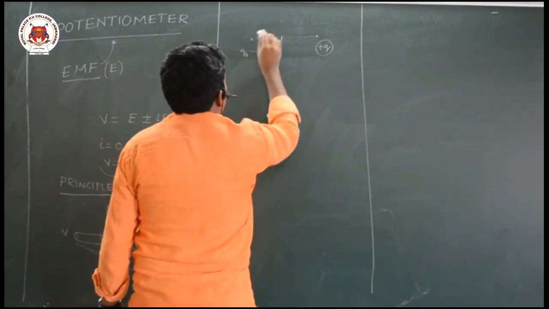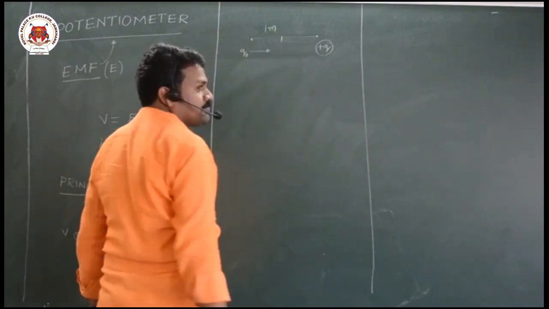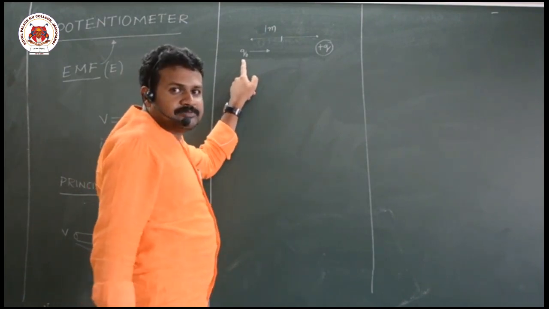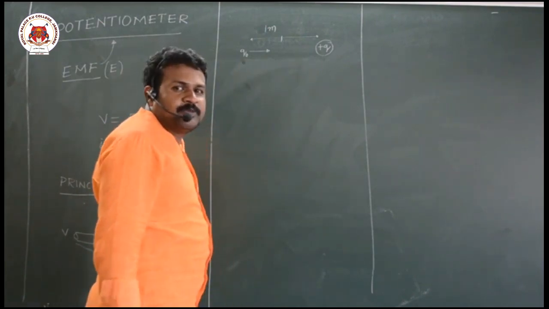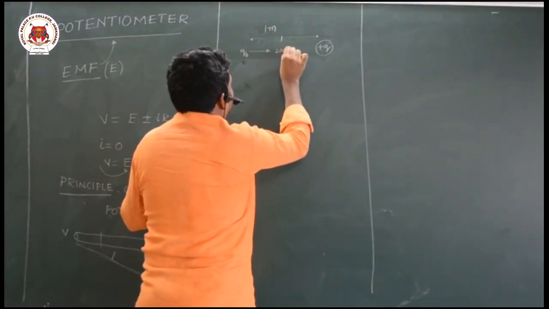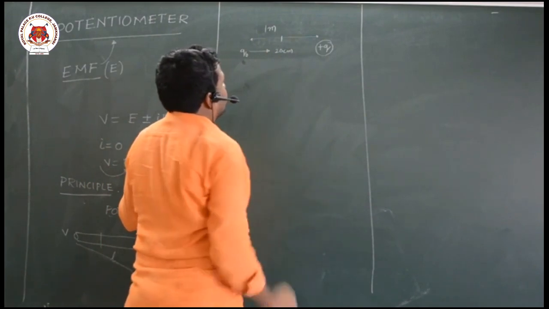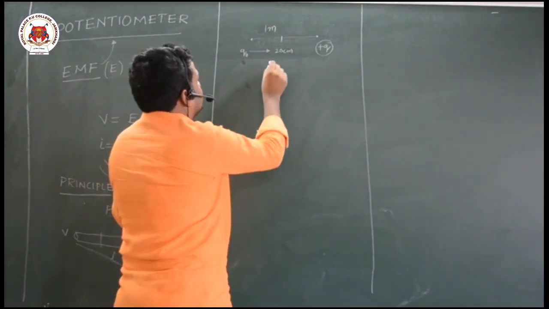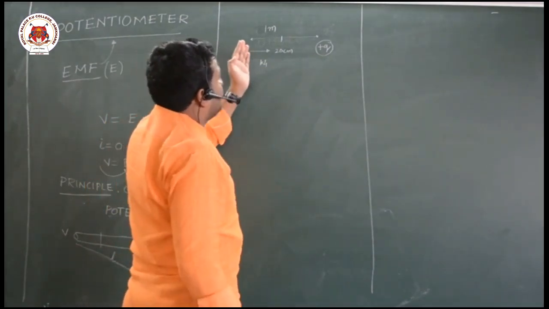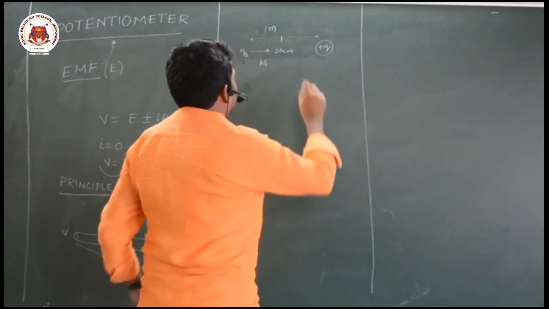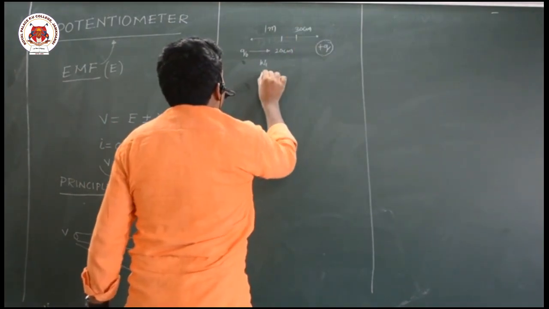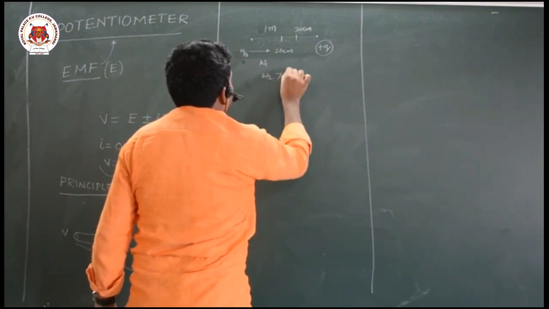Let us take a distance of 1 meter initially. Now I am penetrating into the field of plus q. If I cover 20 centimeters, I have done some work, W1. If I go a little deeper, if I cover 30 centimeters, I have to do more work. So W2 will be greater than W1.